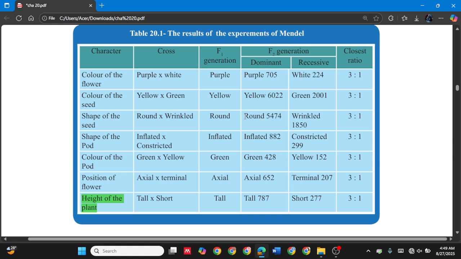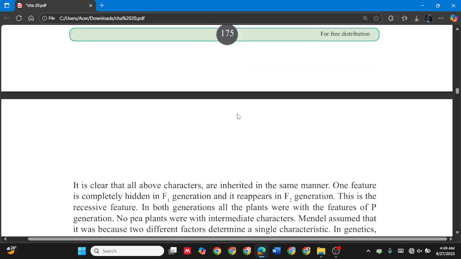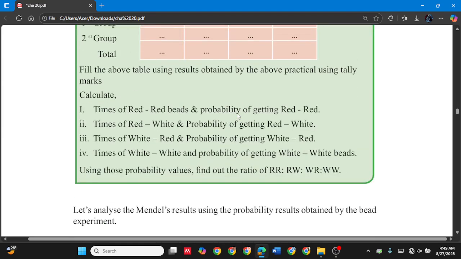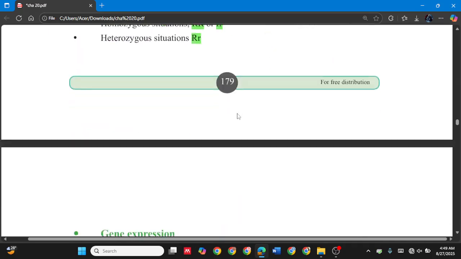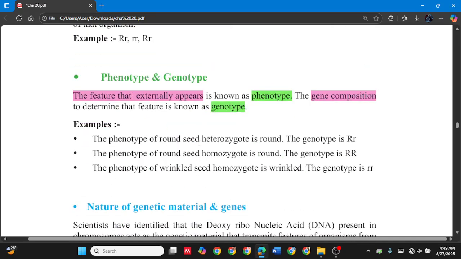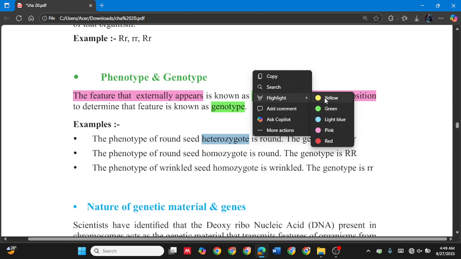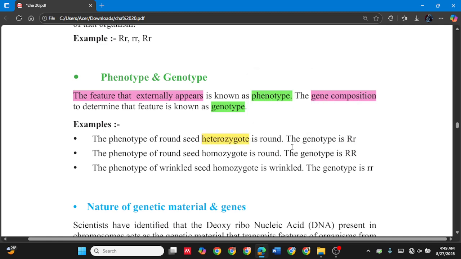You have to write capital R because round is the dominant. For the round seed heterozygote, the phenotype should be the round shape, but the genotype is capital R, simple r.